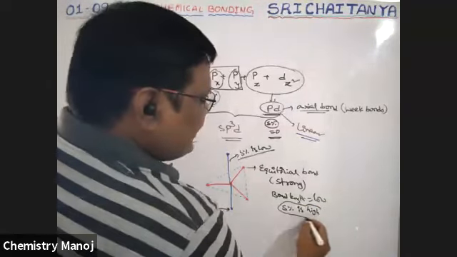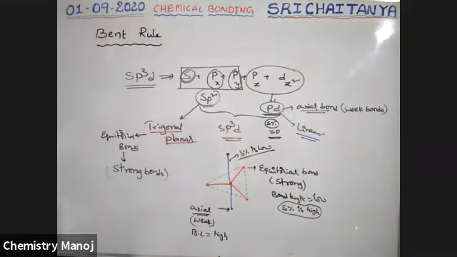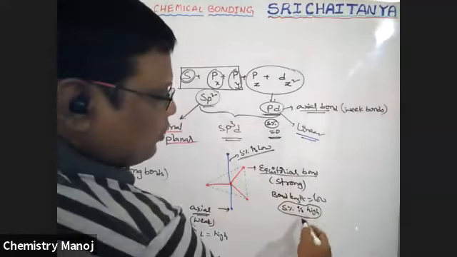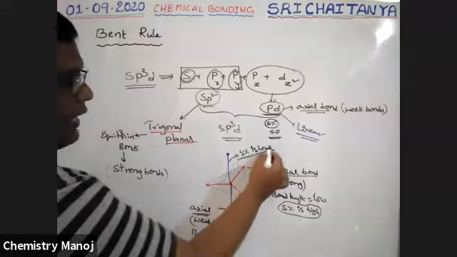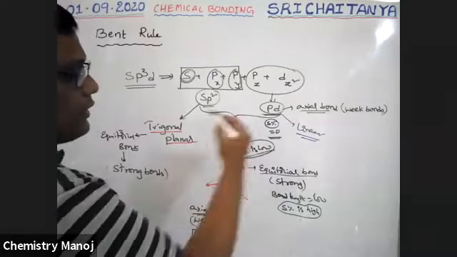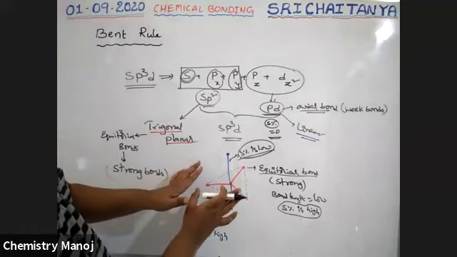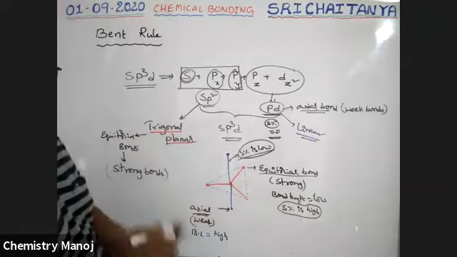As the s percentage increases, strength increases. Therefore, equatorial bonds have more s percentage, and axial bonds have low s percentage.